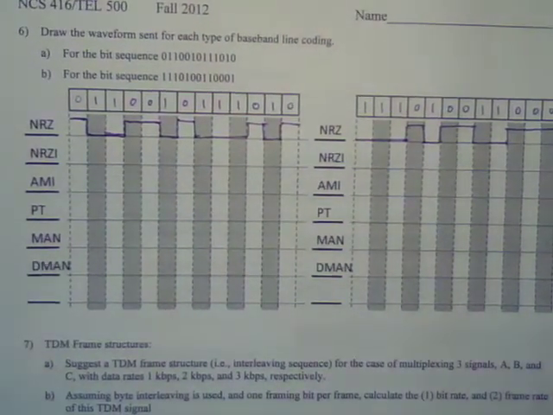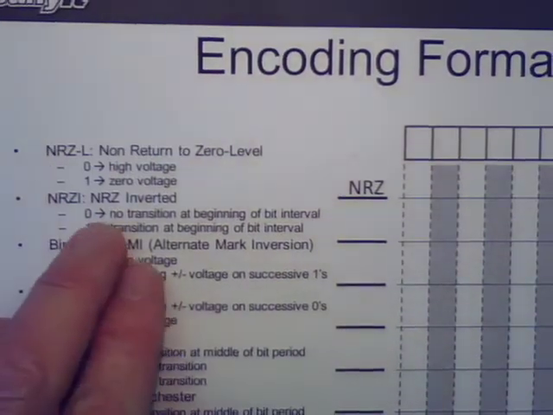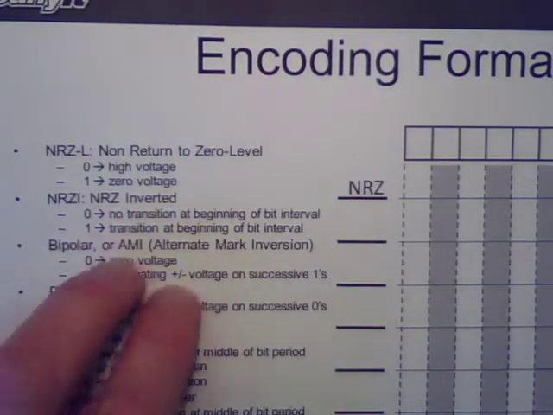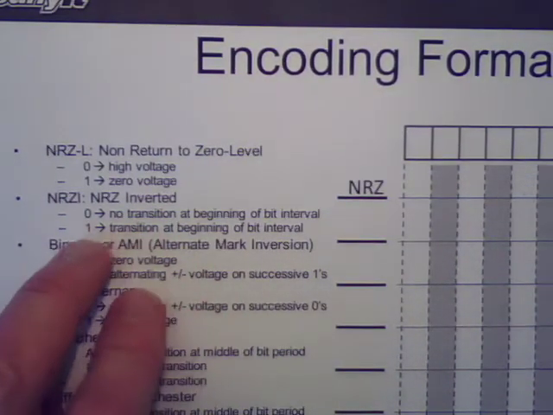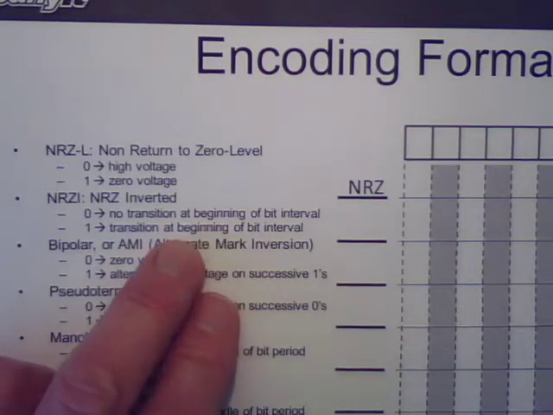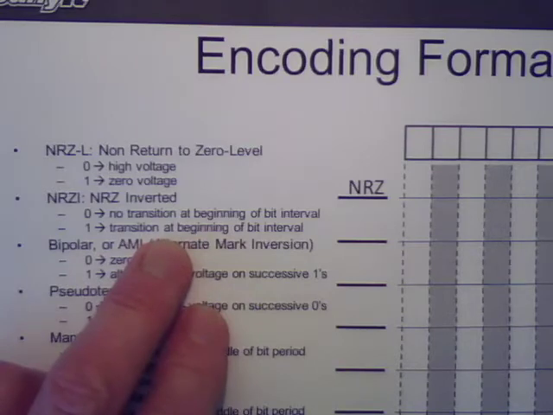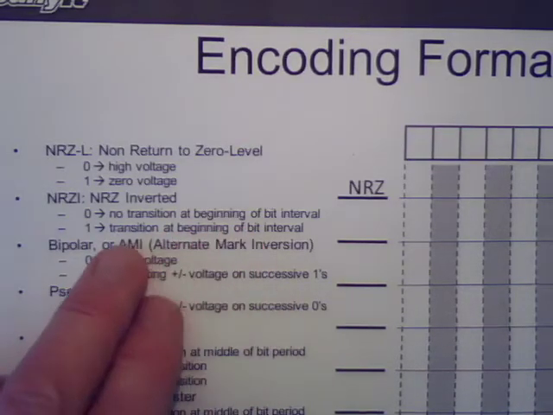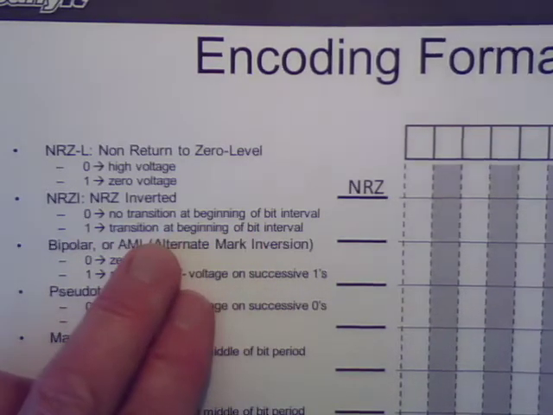For the NRZ-I, it's an inverted encoding, and basically the 0 and the 1 tell whether or not there's a transition rather than what the actual voltage is. So 0 is no transition and a 1 is a transition.